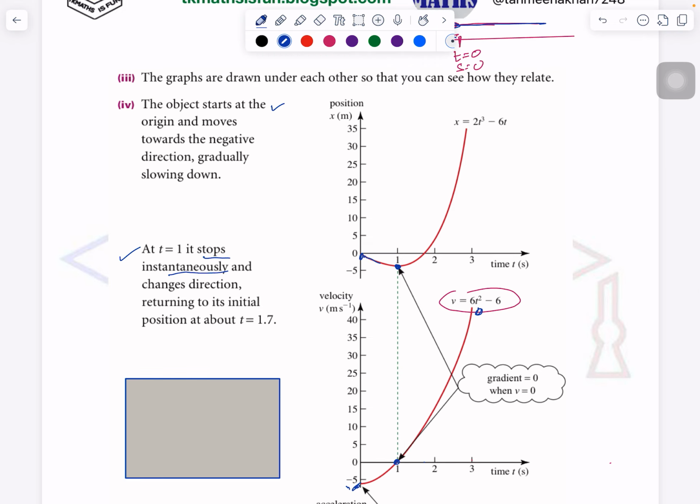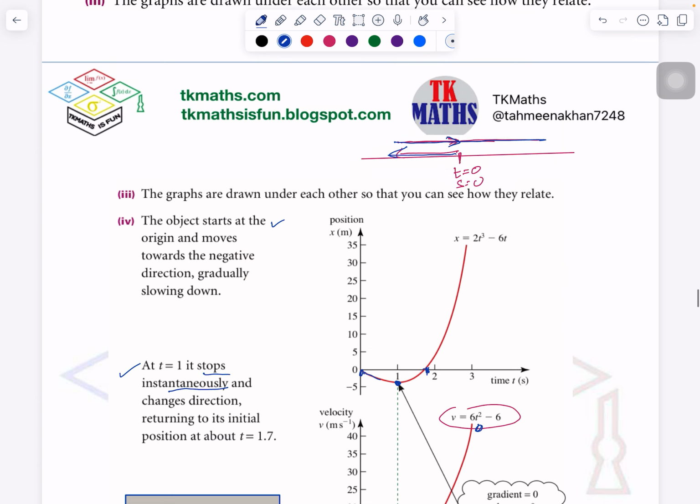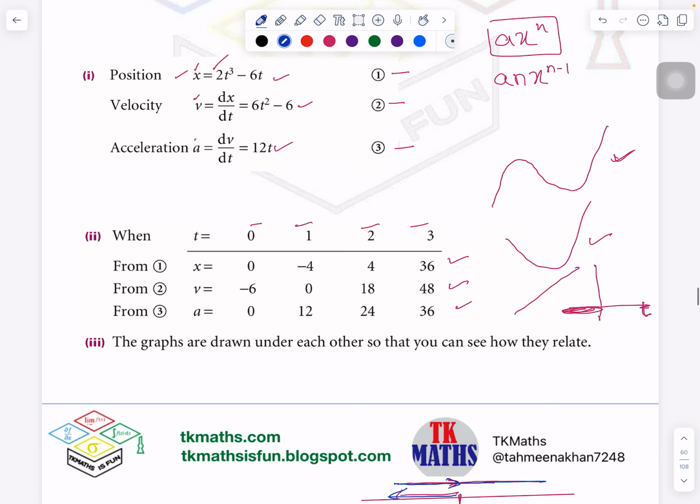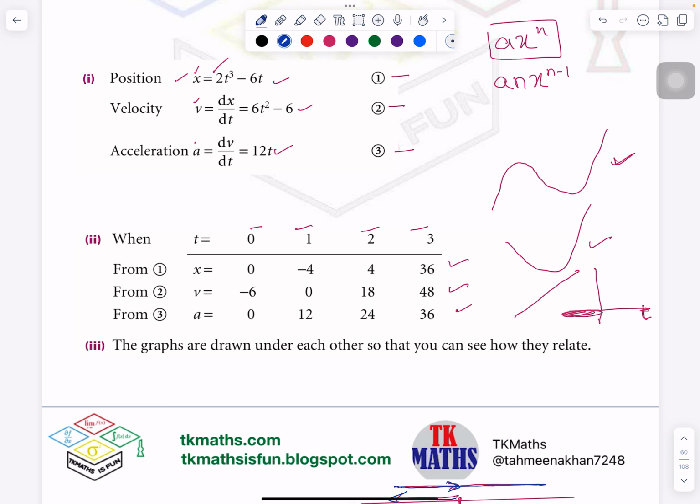Now this 1.7 is not mentioned here, right? It is not shown here because if you look at the position time graph, x is equal to 2t cubed minus 6t.